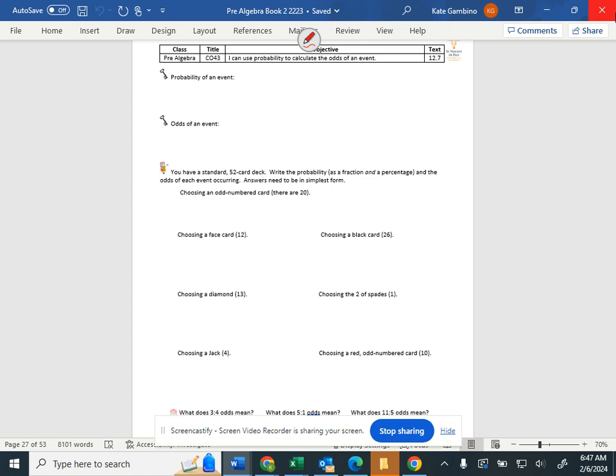So the probability of an event compares successful outcomes to total outcomes. And this is shown as a fraction.